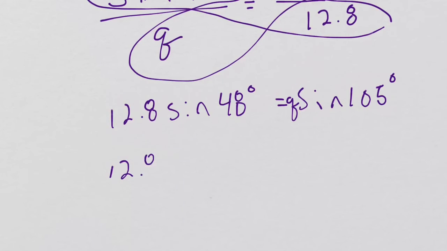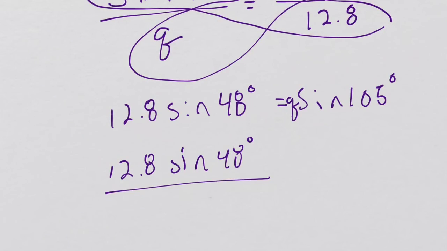So you have 12.8 sine of 48 degrees divided by sine of 105 degrees equals Q.